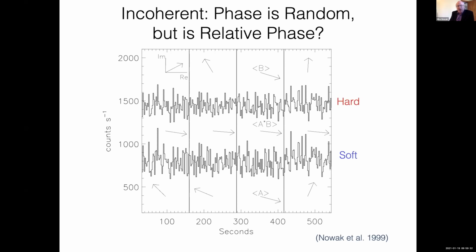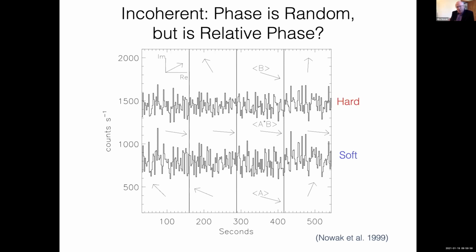The upper light curve is high energy. I've divided that into segments. And for each segment, I show you the phase of the Fourier transform, the average phase at a given frequency. And I think in this case, I'm doing 10 Hertz. And you can see that from segment to segment, the phase is kind of randomly walking. That's because it's an incoherent process.